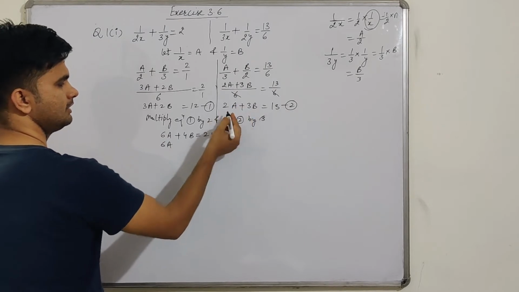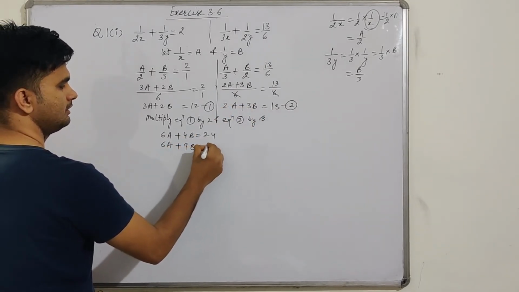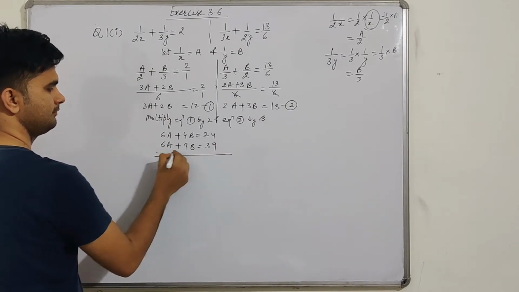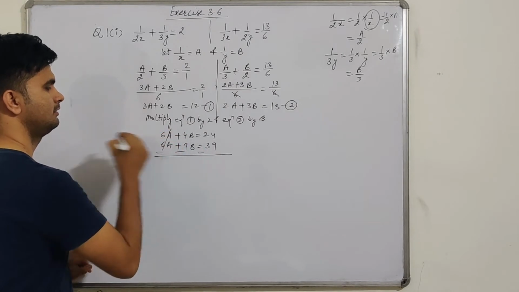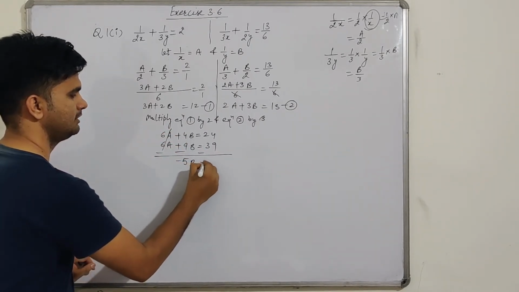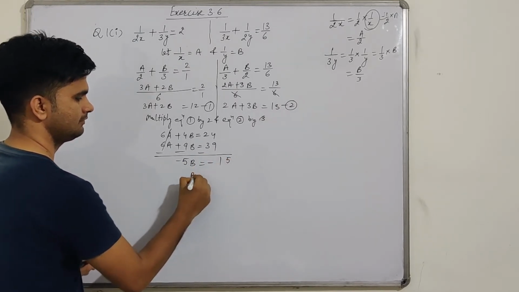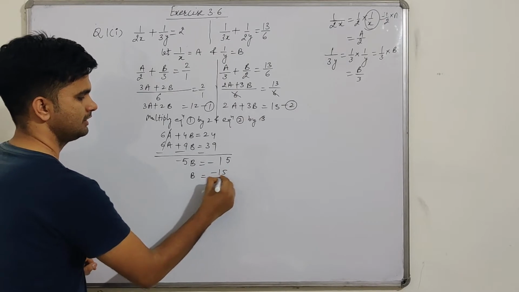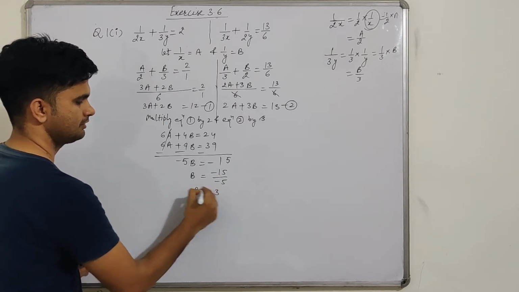And this, multiplied by 3, will become 6a plus 9b is equal to 39. Then subtract, positive and negative cancel. This will become minus 5b is equal to minus 15. b is equal to minus 15 upon minus 5, so b is equal to 3.